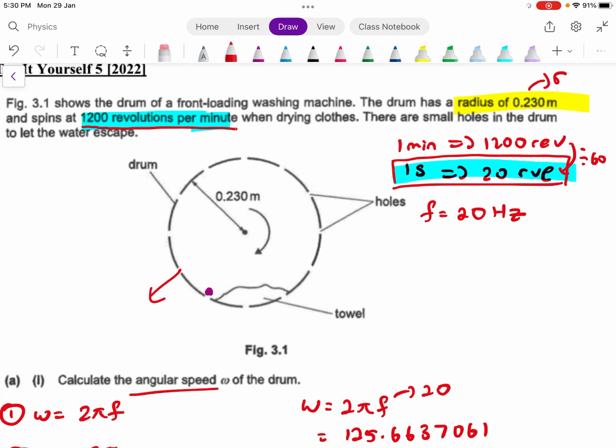And of course, there's one more thing: when the water reaches the holes, the water has a very high inertia. So let's say the water is right here. When you rotate, there's some speed, angular speed or tangential speed. When the water molecule reaches this part, it will just travel off in this manner due to the fact that it has a tangential speed. So how do I explain the qualitative question?